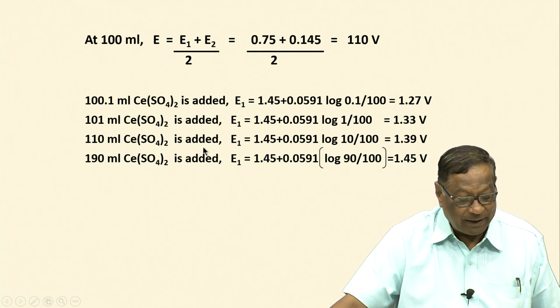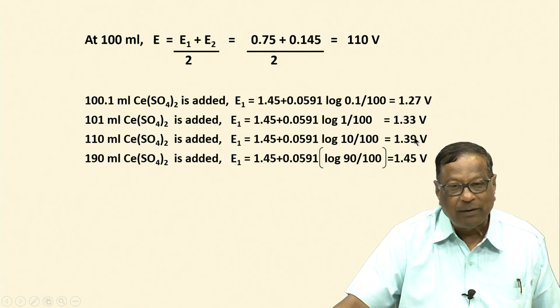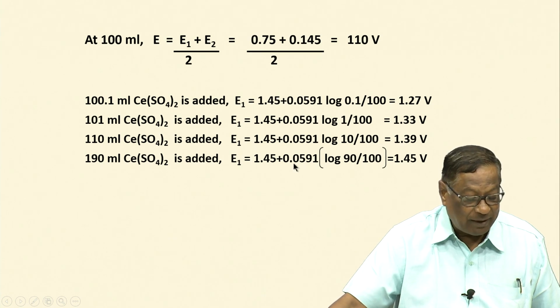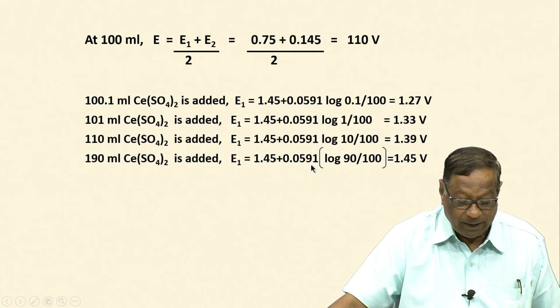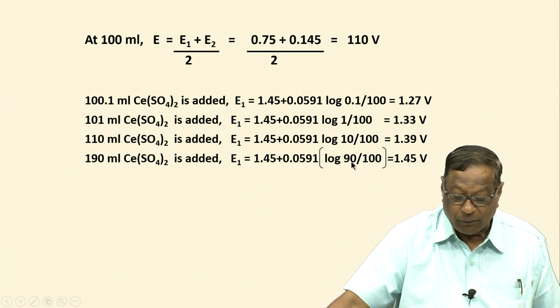Similarly, if I take 110 ml, I have 10% extra here, 100% of cerous, and the potential value will be 1.39. So, 190 I get 90 by 100, that is 1.145.